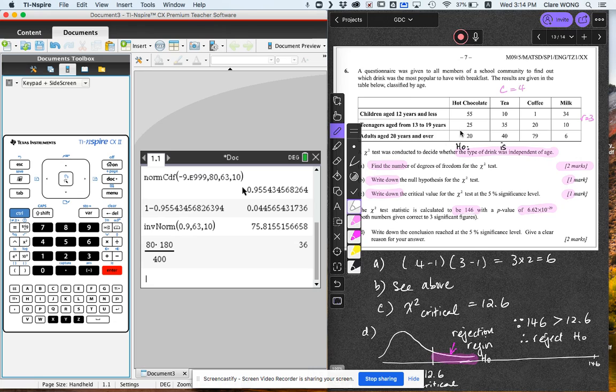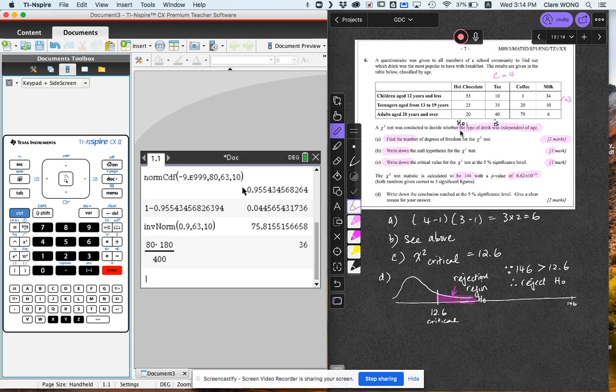Now some of you might ask, what if I have to use the p-value? I like to use the p-value. So I would draw another one. The p-value is 0.05. So again, it is the area under here being equal to 0.05. What you have calculated is 6.62 times 10 to the negative 29, which is a very, very small number.